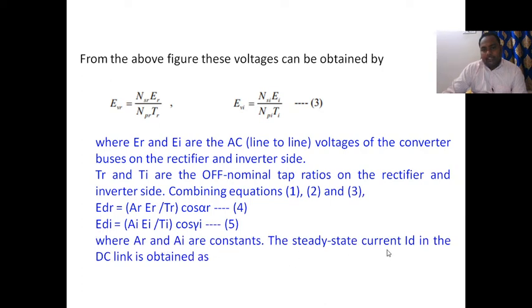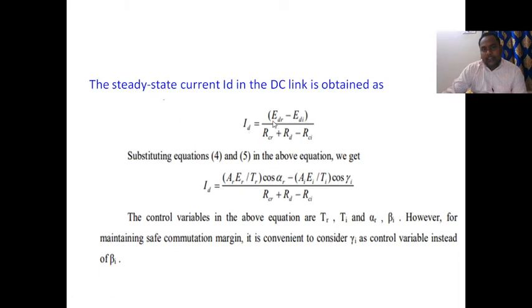The steady state current ID in the DC link is obtained as ID equal to EDR minus EDI by RCR plus RD minus RCI. This is from the equivalent circuit of the HVDC link. The DC current ID is the difference between the rectifier side voltage and the inverter side voltage, divided by the rectifier resistance, inverter resistance and HVDC link resistance.